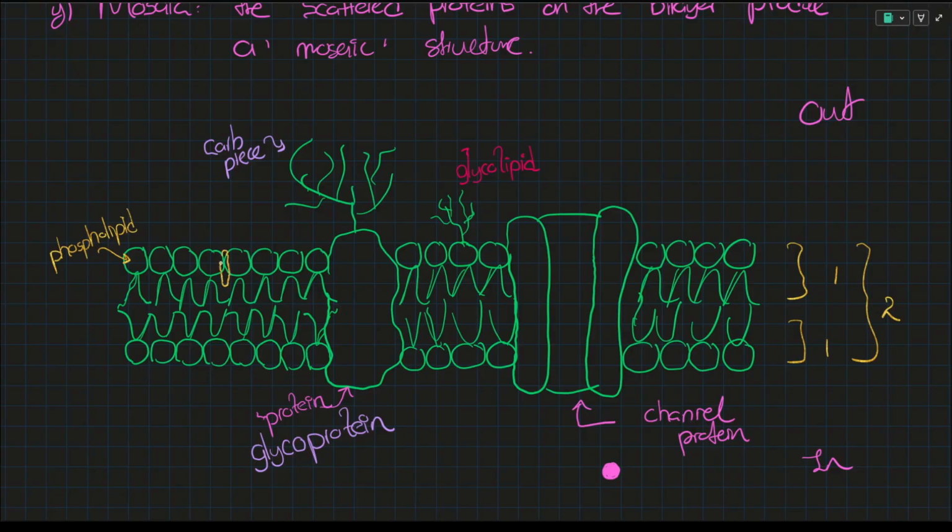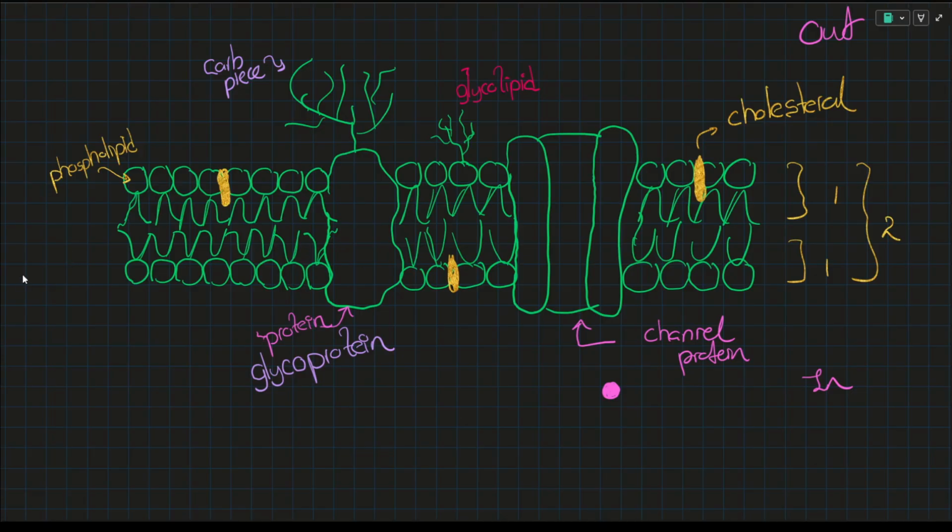So it's going to sit in between the phospholipids like this, in random places of the bilayer, like so. And that is cholesterol. We have cholesterol molecules scattered throughout the membrane. Why? We'll discuss that later.